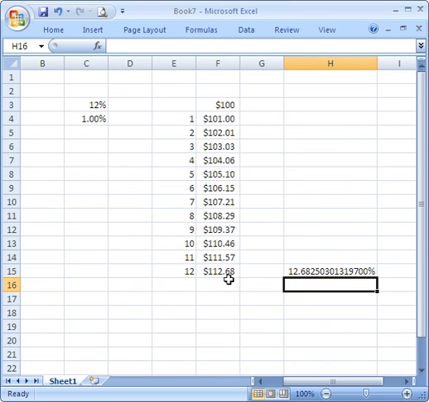It's not exactly 12.68%. It's 12.6825 and so on. Again, the important lesson is that 12% APR is not 12% a year. It's 1% a month, which is more than 12% a year.